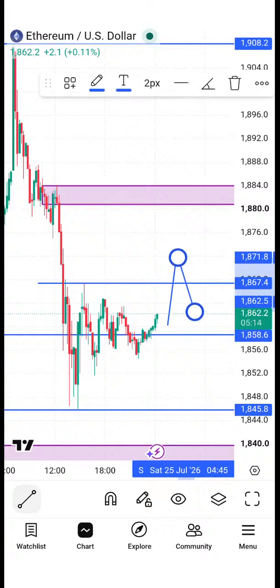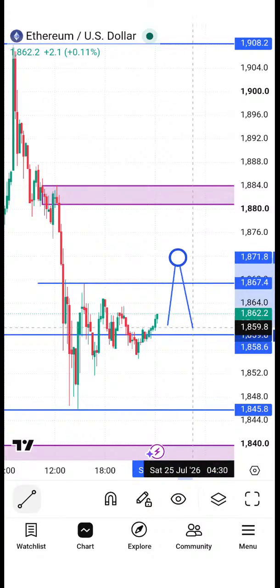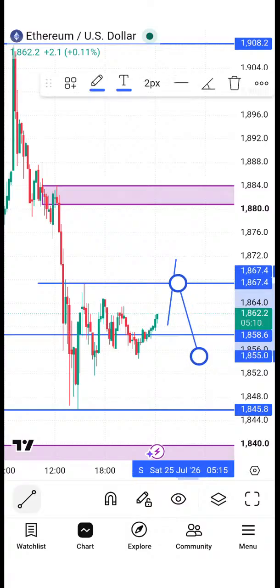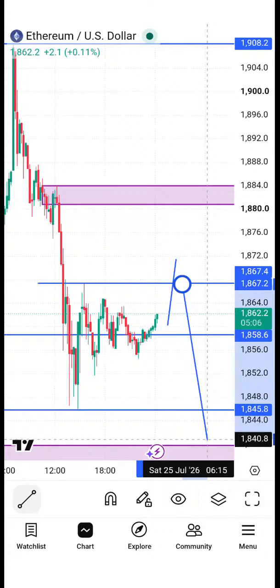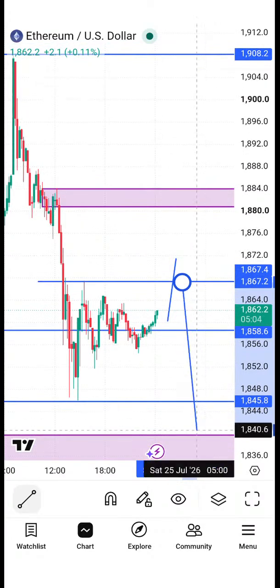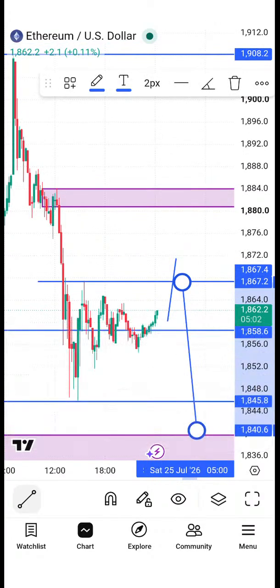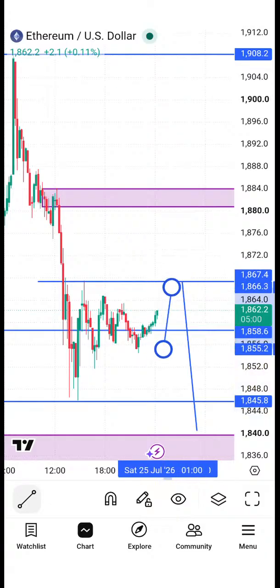The reason why I'm saying, guys, you should wait for a breakout is because price can still tap around this area, then push towards this zone. It's possible for price to just do like this.